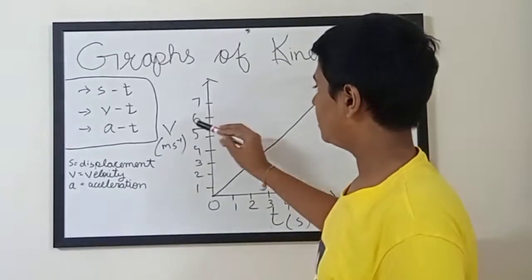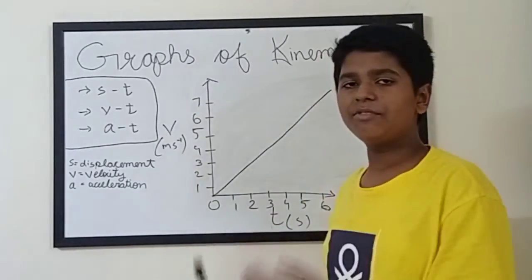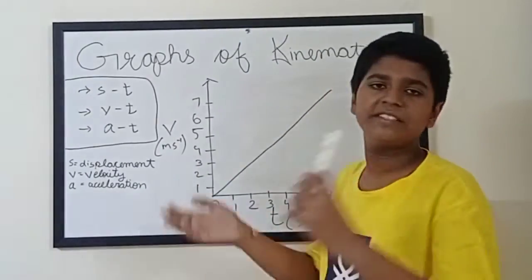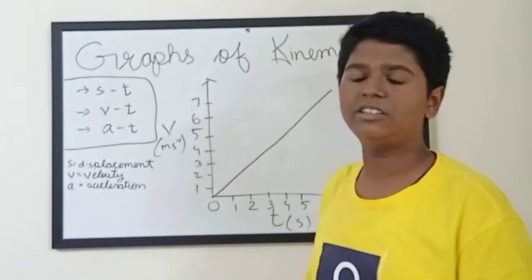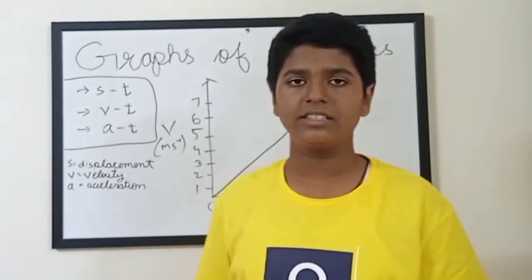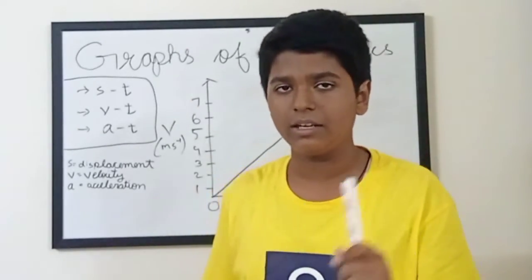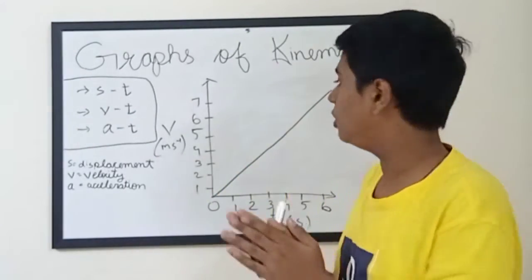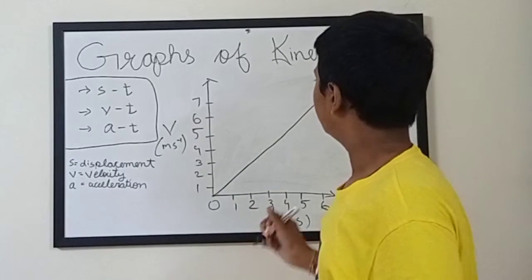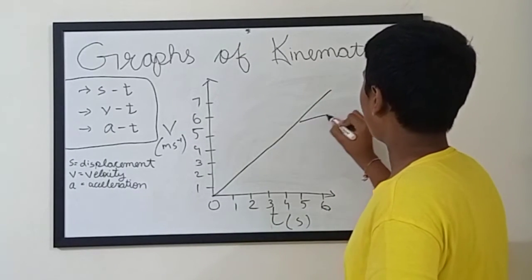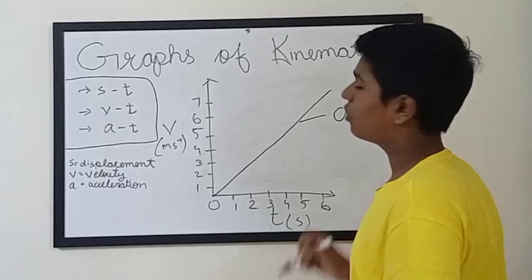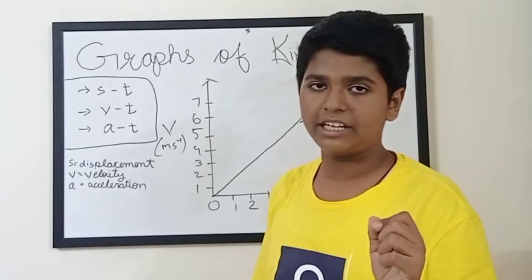Now let us know about the velocity time graph. Here the velocity is on the y-axis and the time is on the x-axis. The unit for velocity is meters per second and the unit for time is seconds. Here the most important thing: the slope of the velocity time graph gives us the acceleration of the object.